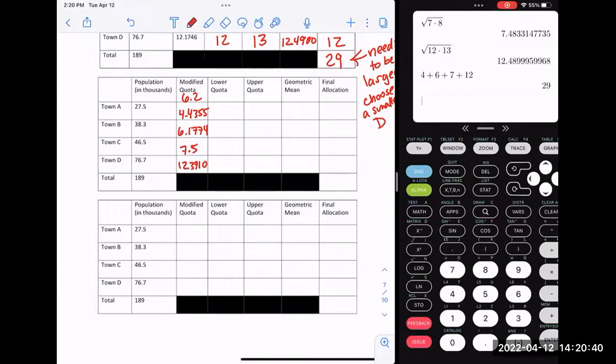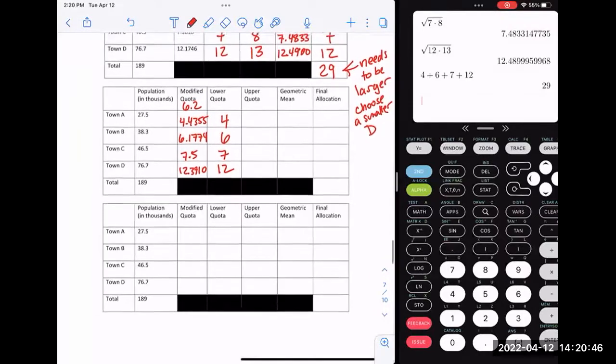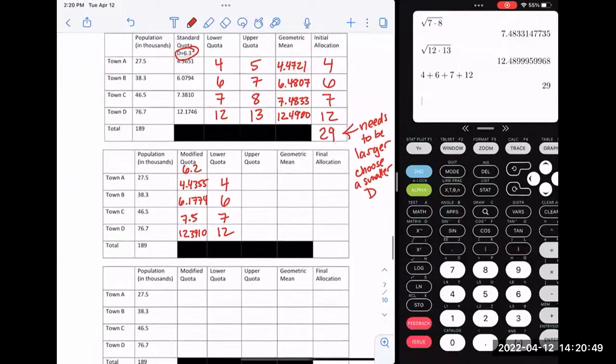All right, so the lower quotas here are going to be 4, 6, 7, 12. And then the upper quotas are going to be 5, 7, 8, and 13. And they won't always be the same, but in this case, they did happen to be the same as what we had on the first part of this. So that means I don't have to go through all the work. I already did it.